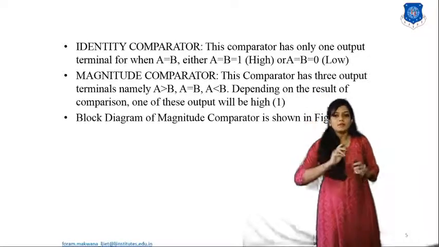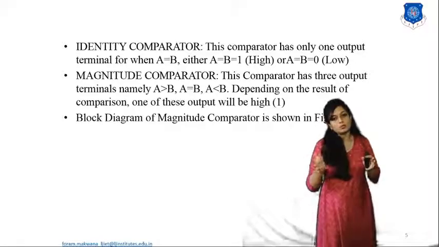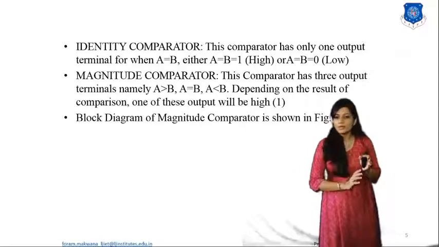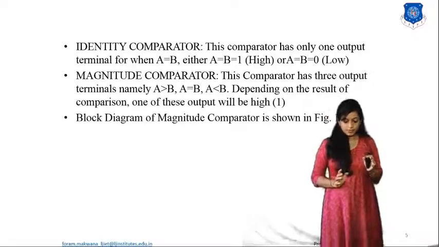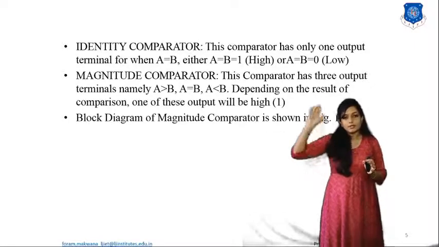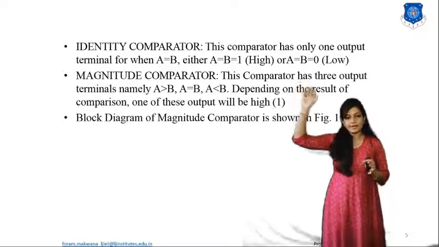That means if both are equal, then 1. If both are not equal, then it is 0. Right? So this is the identity comparator.